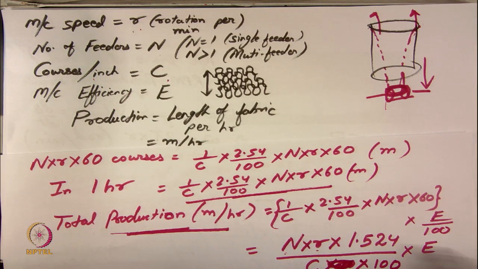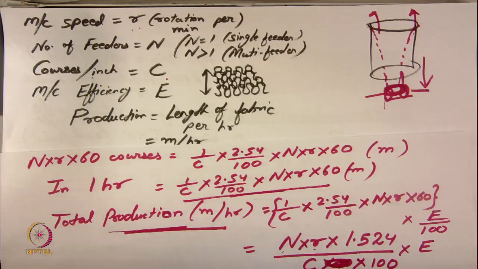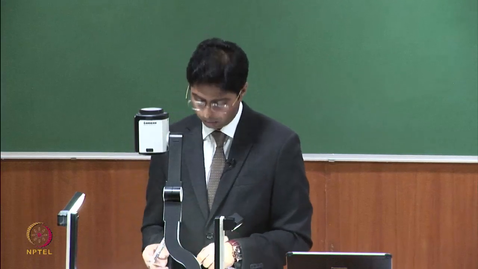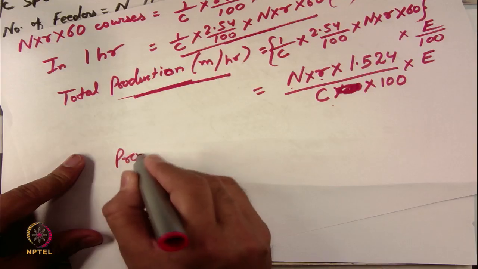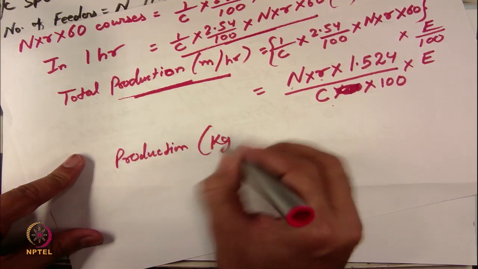All of these terms you can find out experimentally, and with this you can find out the productivity of the machine. So, this is in meter per hour. Now, sometimes we want to express production in kg per hour.